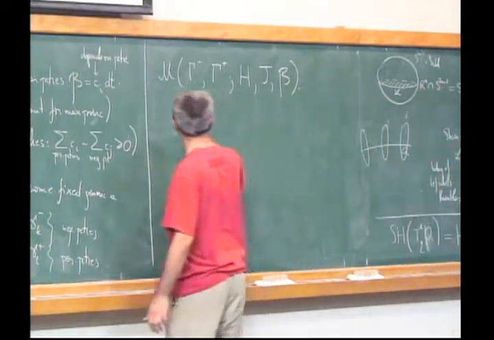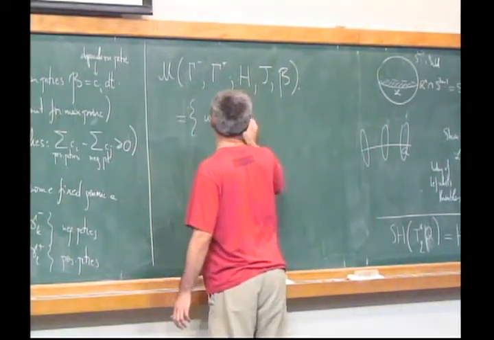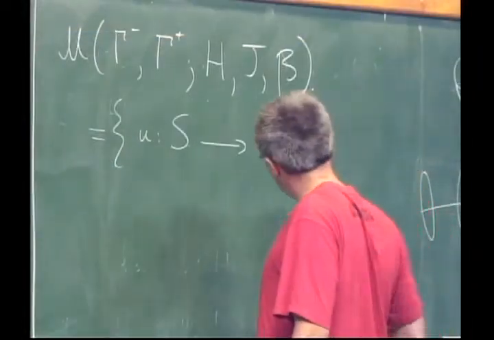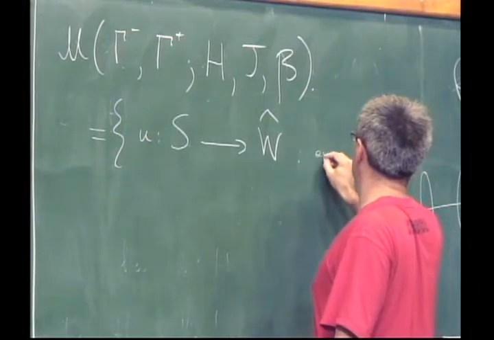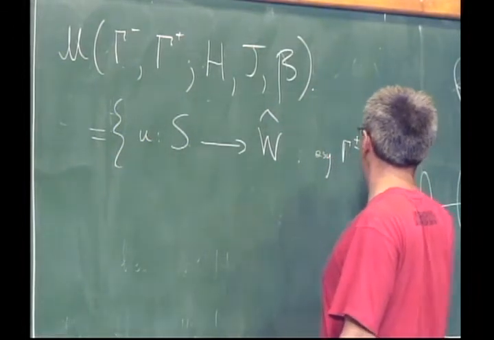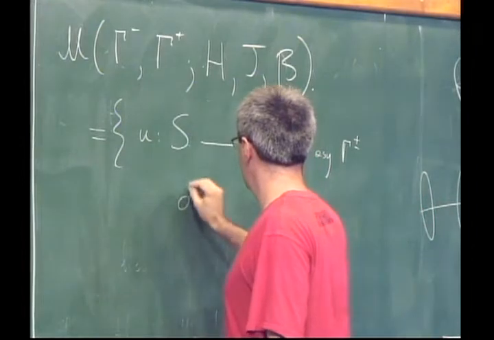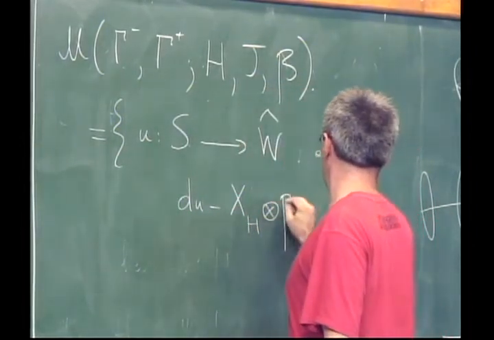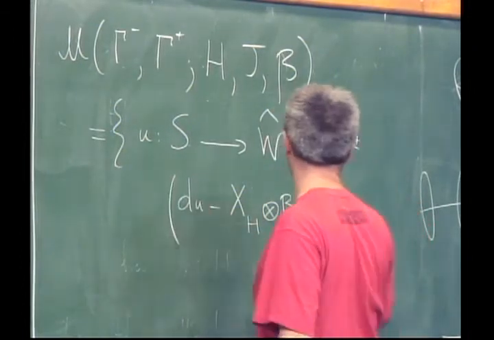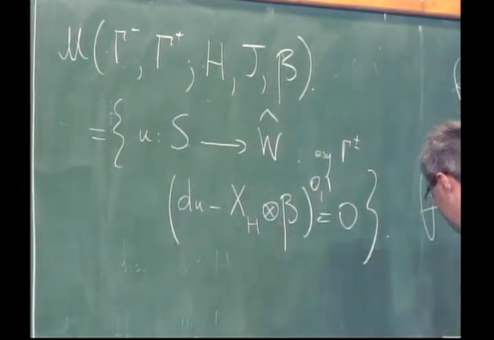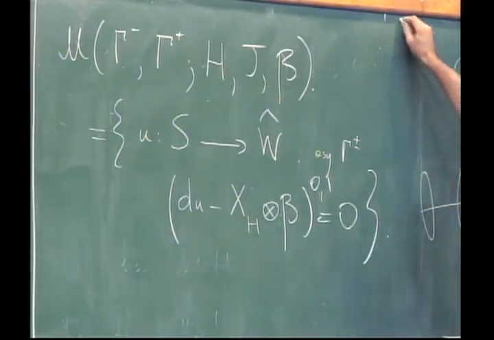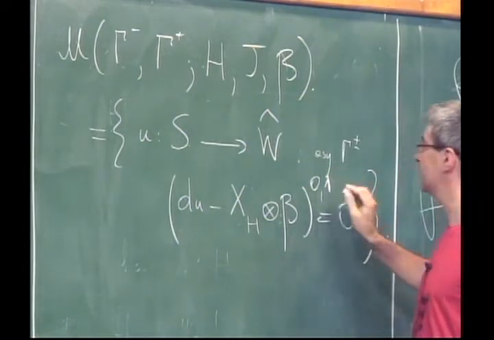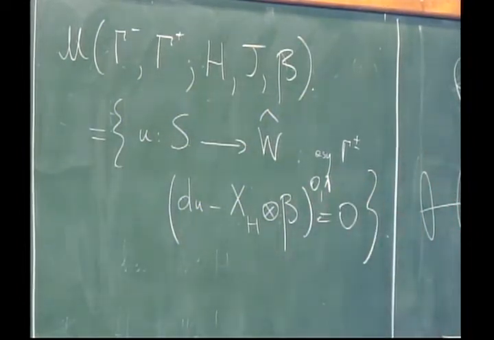And that's going to be the u's defined on S with values in W hat, which are asymptotic to gamma plus minus, and that solve the equation: du minus X_H tensor beta is holomorphic. So I'm writing here that the (0,1) part of this gadget is 0.